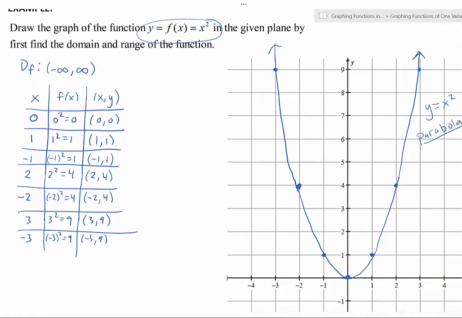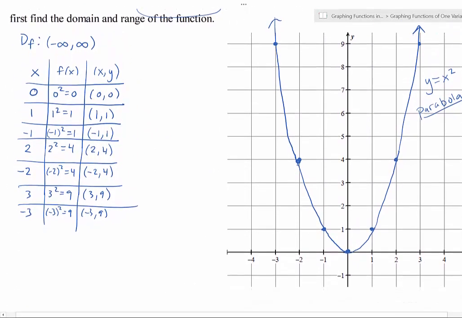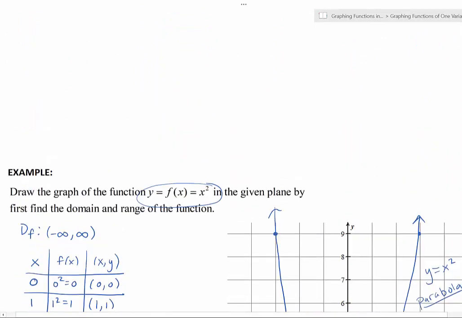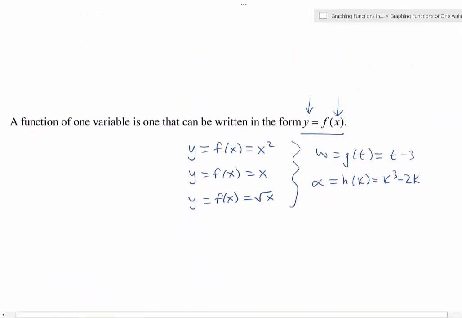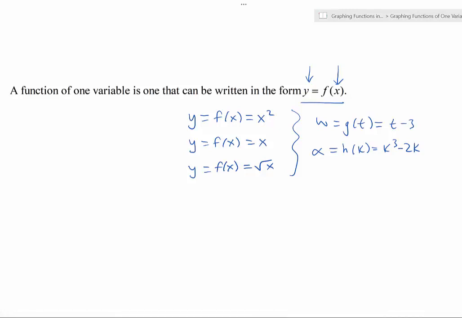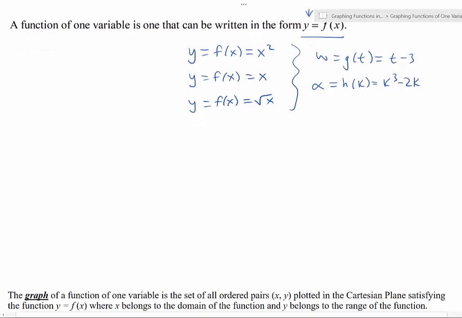These end up both being elementary functions, which will be talked about in a different video. And so, in general, our interest in math for the time being is graphing functions of a single variable, in the form y equals f of x, or any function that could be written as so.